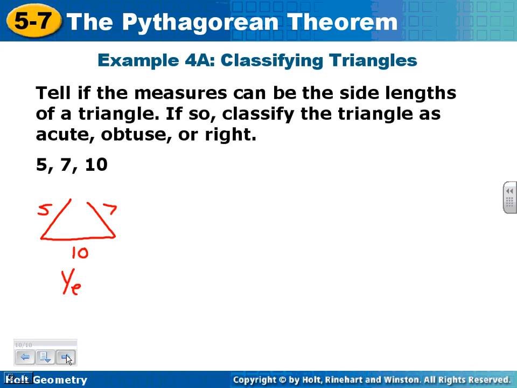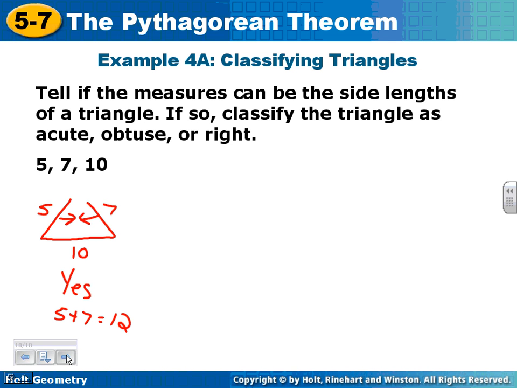I would say yes, because 5 plus 7 is 12, and that would cover my 10. So yes, those would go together. Those two sides would bend together. If I bend one this way and bend one that way, they would touch at the top. So my answer to my first one is yes.